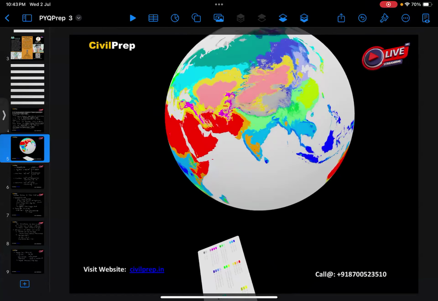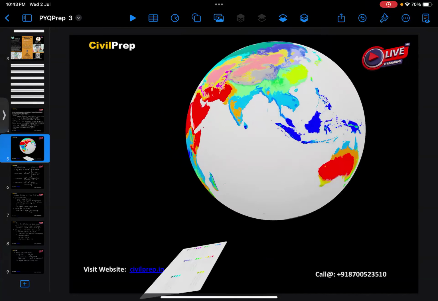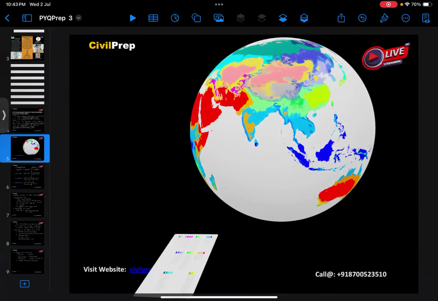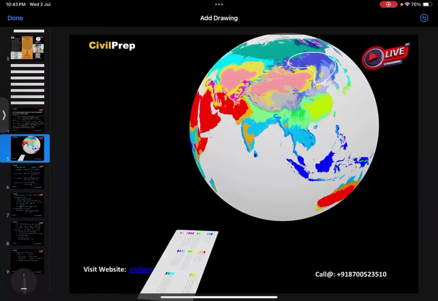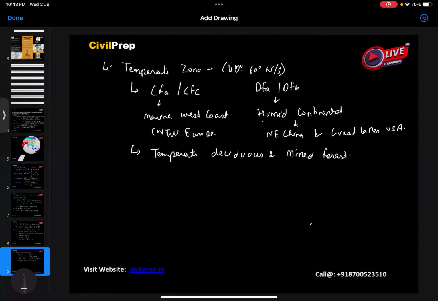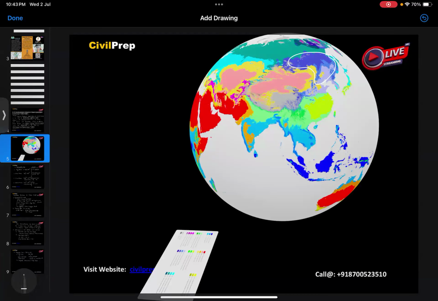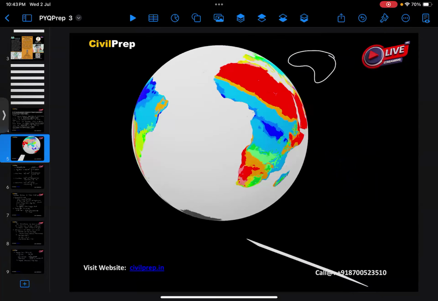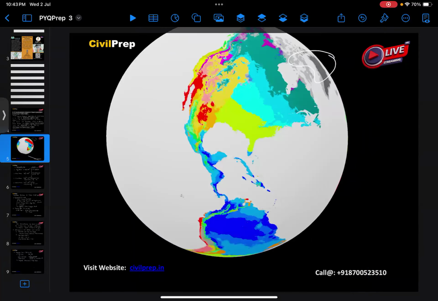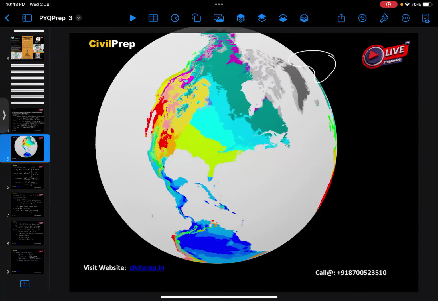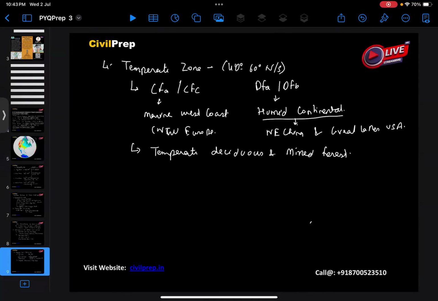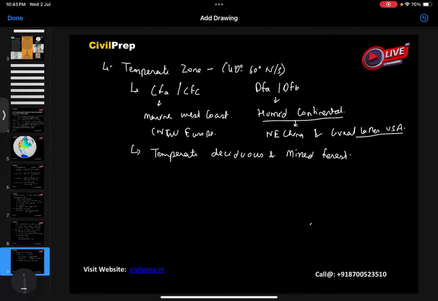So when I see this part here, the northeastern part of China, here we have this climate, okay, which we can see here is humid continental. And when we move to the part of USA, under USA we'll be seeing it is present in the Great Lakes region.